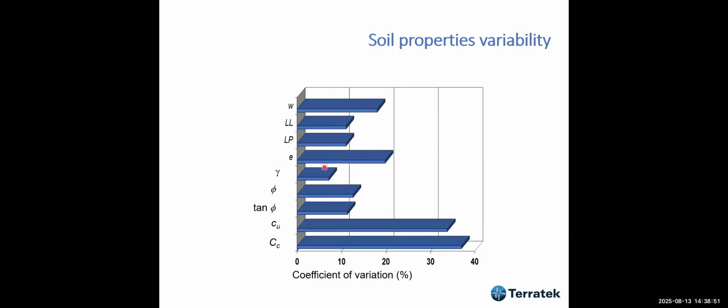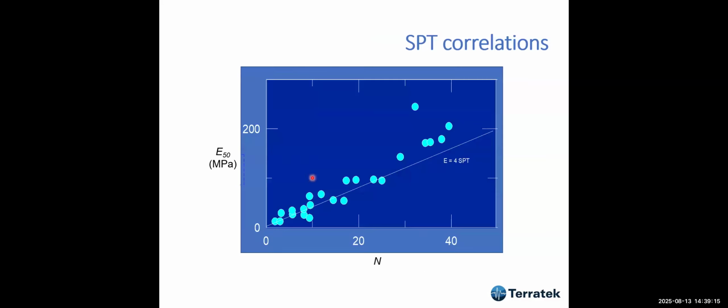This is reasonable, okay, but as you see, the least variability is of gamma, the unit weight of soil, and that's the reason that we can relatively easily estimate this from a few tests. It doesn't vary too much.